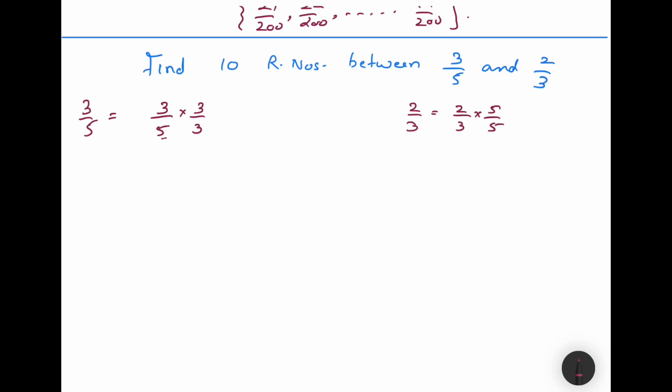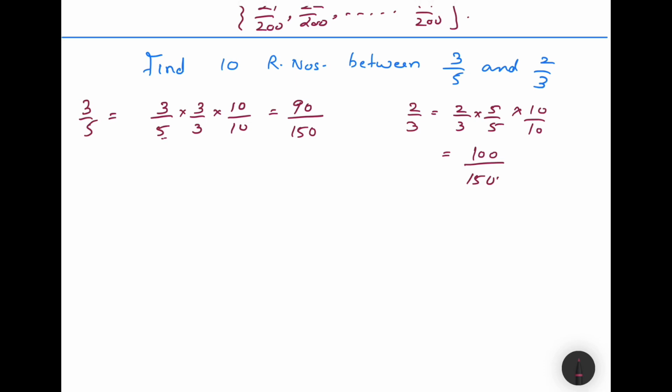So we will multiply by 10 by 10 here also. So this will become 3 into 3, 9 into 10, 90 by 150, and this will become 100 by 150.